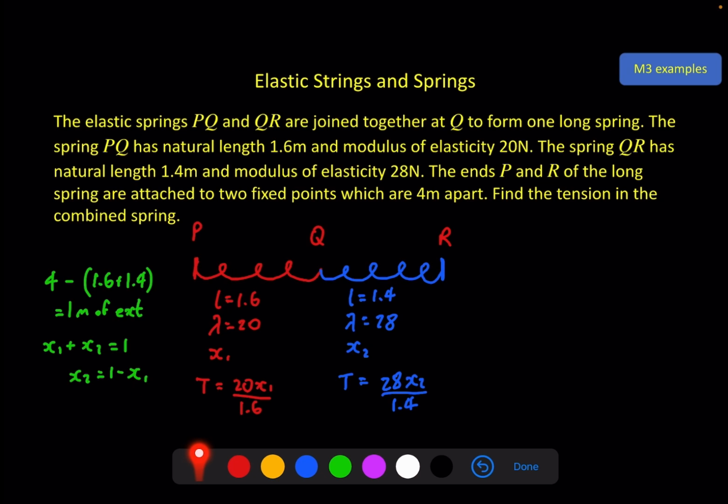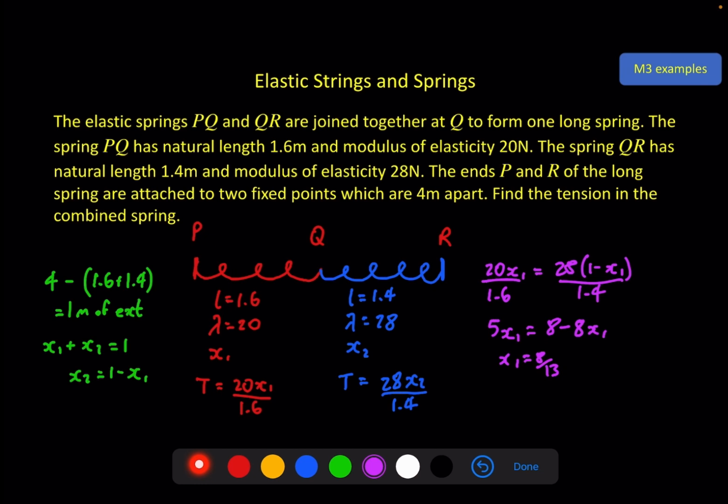So putting all those together, we get 20 x1 over 1.6 must equal 28 times (1 minus x1) over 1.4. Rearranging that a little bit gives us 5x1 is equal to 8 minus 8x1. So x1 is equal to 8 over 13.